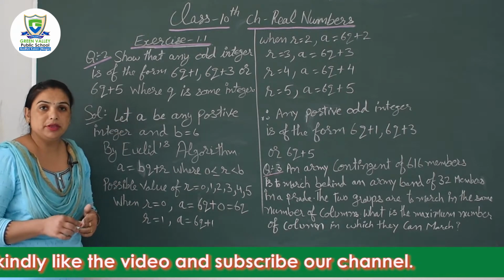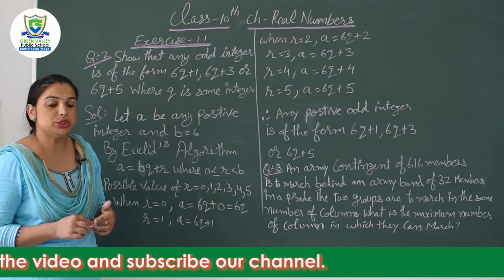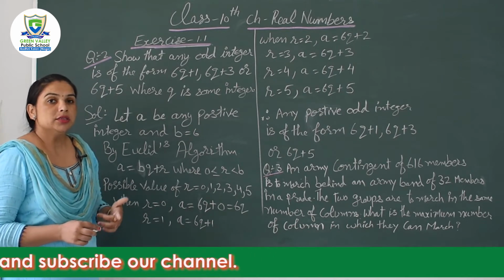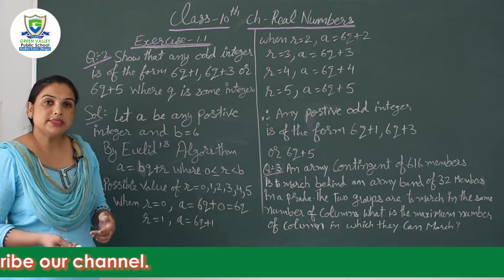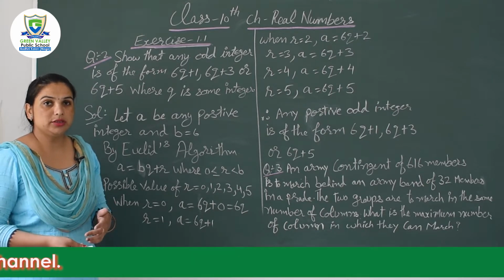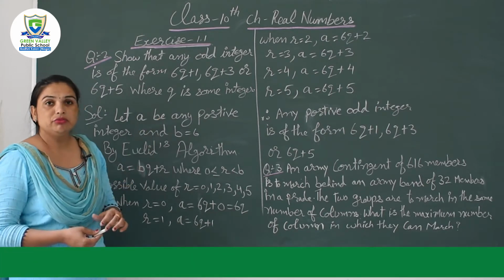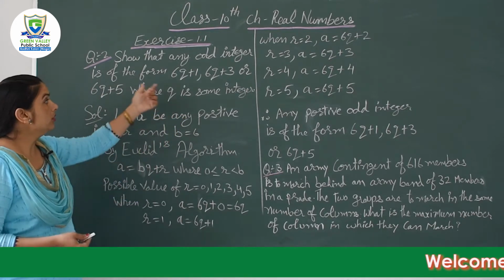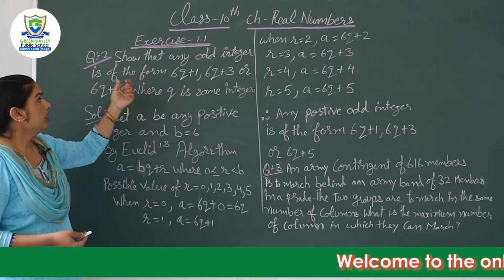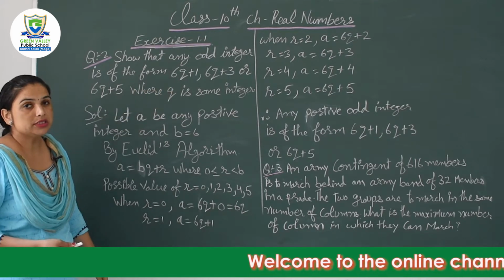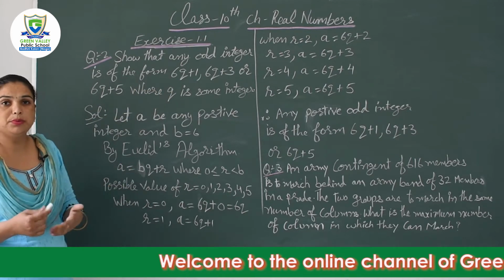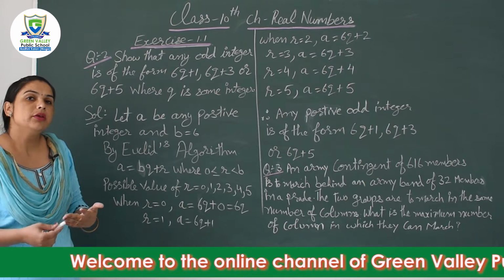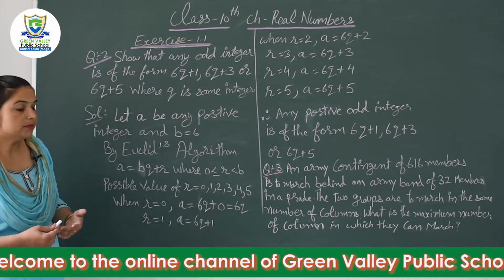If you remember, in the previous class, in the introduction, we have learned what was Euclid division lemma and its algorithm. By using that, we'll find this answer. We'll show that any odd integer will come in the form of 6q plus 1, 6q plus 3 and 6q plus 5. So how we'll show that?